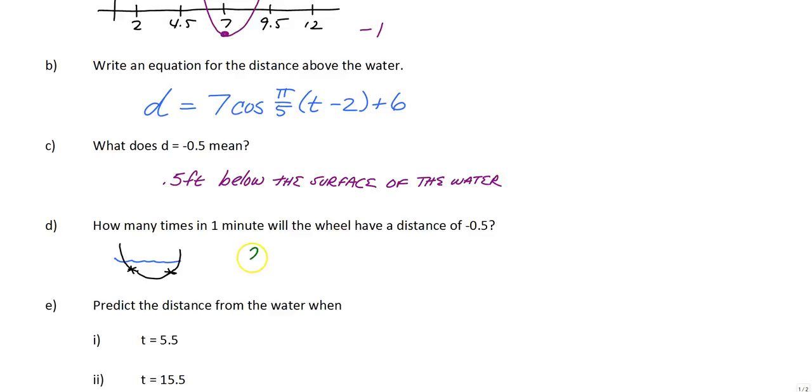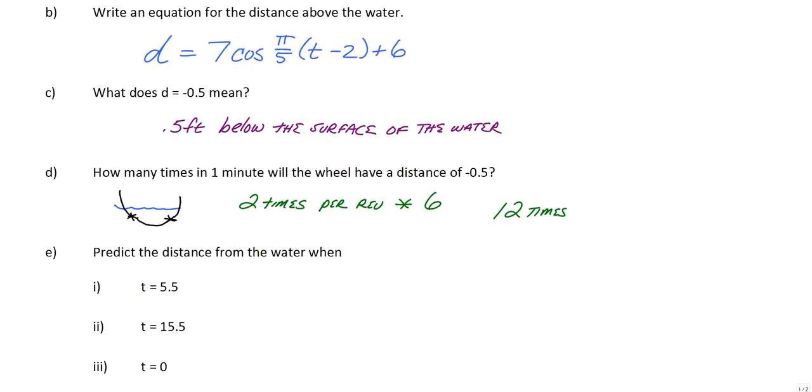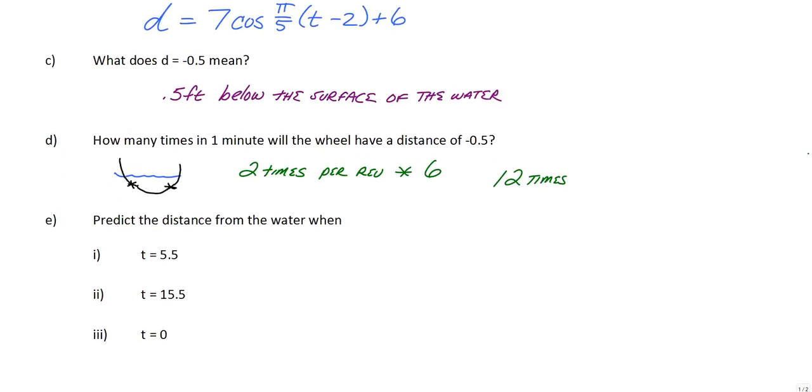So if this is 2 times per revolution, and in the original part of the problem it says it does 6 revolutions per minute, we just multiply that by 6 times, and it's going to be at that distance 12 times in 1 minute.